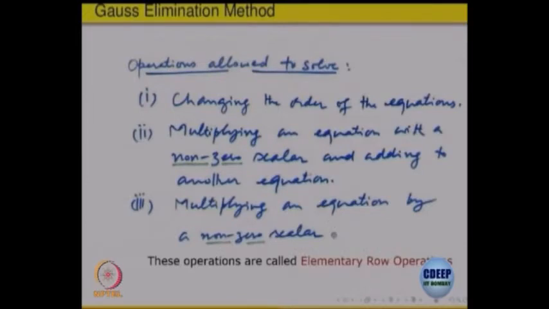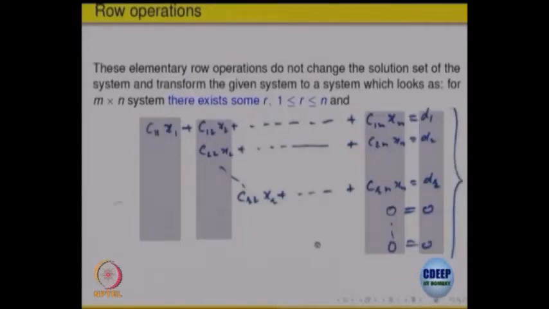So, we observed that the elementary row operations, when performed on a system of linear equations, do not change the solution set. And what is the aim? The aim is that by applying these elementary row operations, an m cross n system, that is m linear equations in n variables, can be transformed to a system of equations of the following type, where the first equation has coefficients C11, C12 and so on.